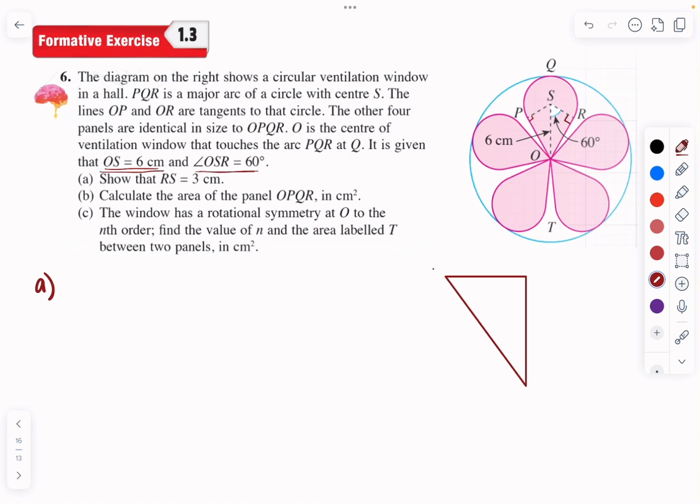This will be S, this will be R, and this will be O. So this is the 60 degrees, and they said this length, which is the hypotenuse, is 6 m. So now we need to show RS is 3. From this angle, this is the opposite, this is the adjacent, this will be the hypotenuse.